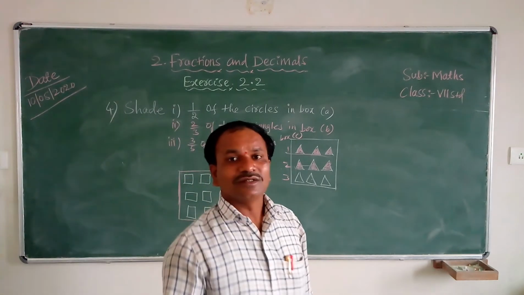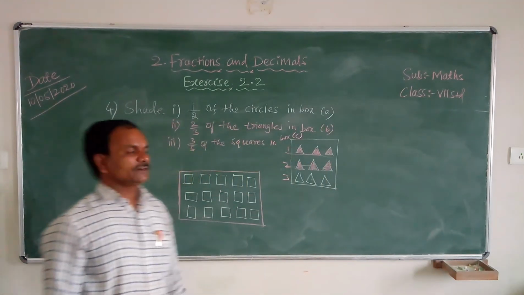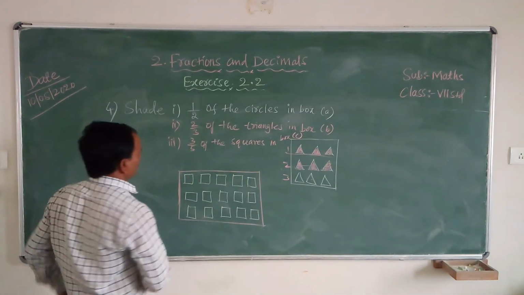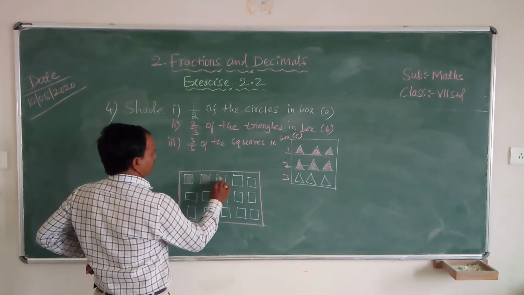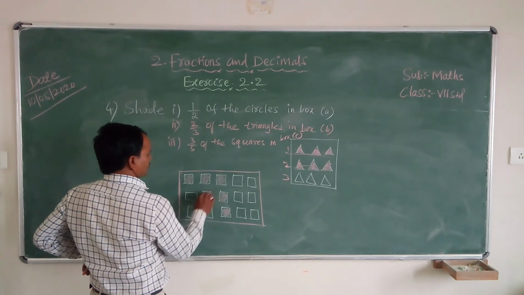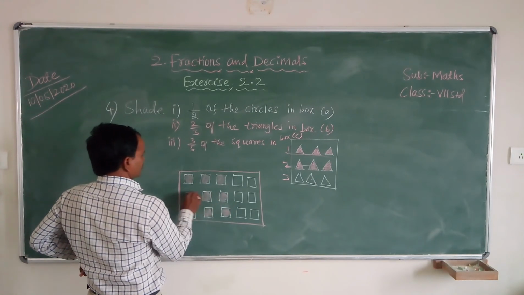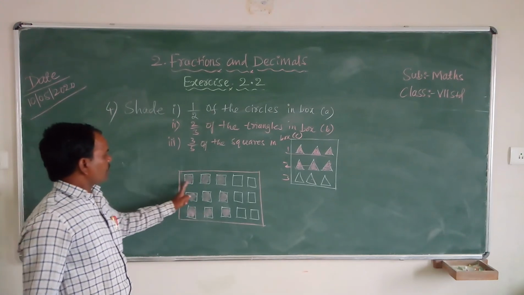What by 5? 3 by 5. How to show 3 by 5? Very simple. I have shaded this one, this one, this one, and so on. Over. 3. 1, 2, 3.